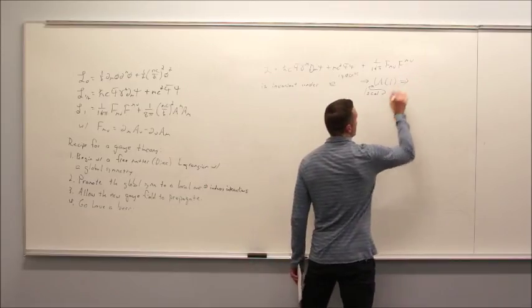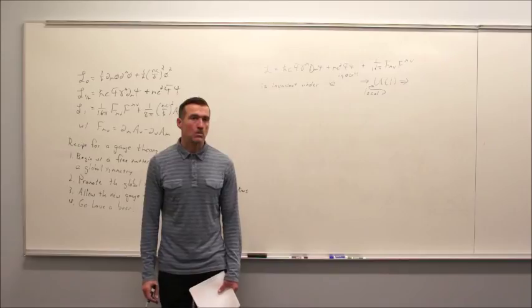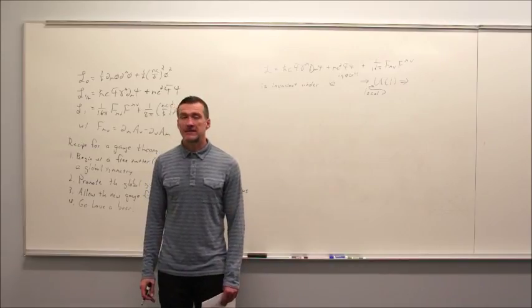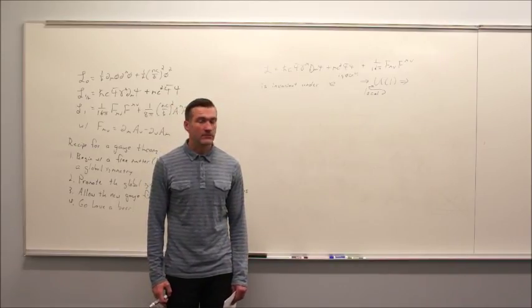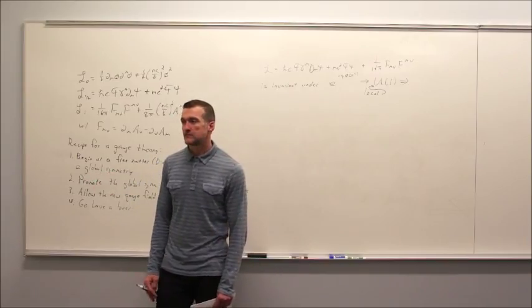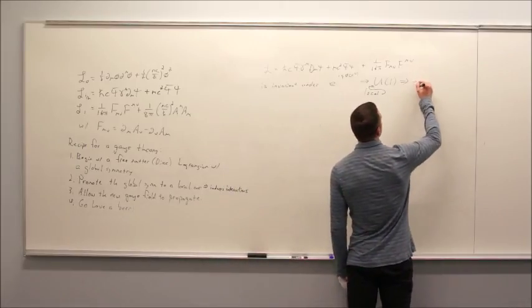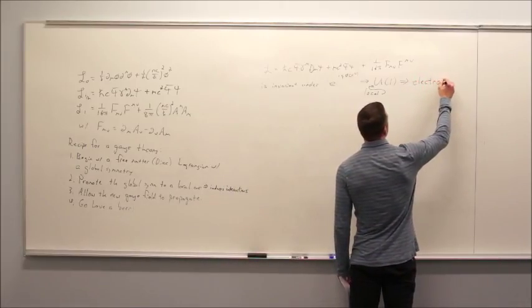And it has a name. What do we call it? Anybody ever seen this theory before? I'd say it's important to your life. It goes by many names. My favorite is electromagnetism.